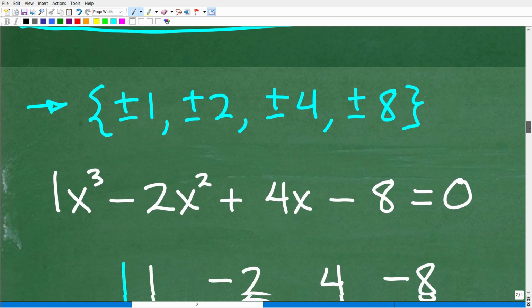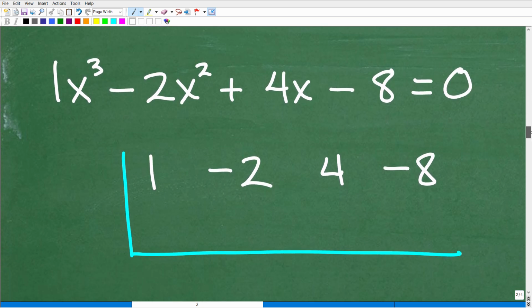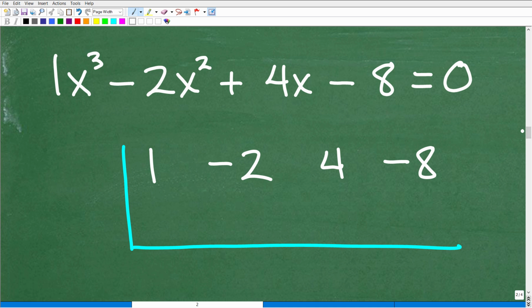All right, let's get back to the problem here. So now let's start checking these possible rational roots. The way you're going to do this is use something called synthetic division. And the way synthetic division works is, notice again, we have our polynomial in standard form. We're going to take the coefficients.